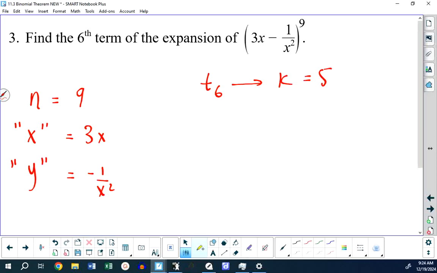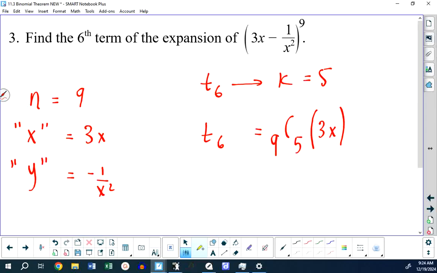So if you want to look at that formula that's right above this example, you can. I'm just saying it's T6 equals, and if you use the formula, k is 5, so when you put 5 in, it's 5 plus 1 for the subscript, you'll get T6. I've learned that it's always n choose the key number times x, which we should put in brackets, raised to an exponent that I save for the end.